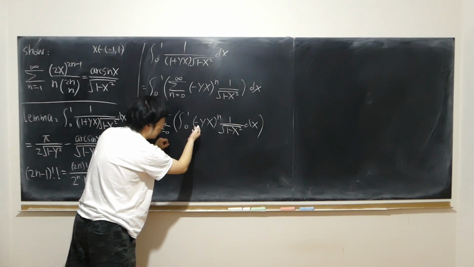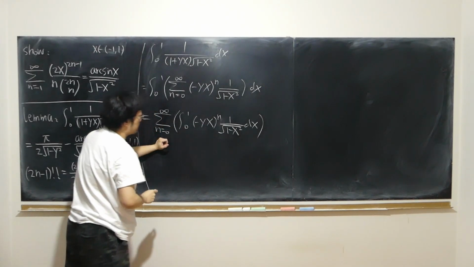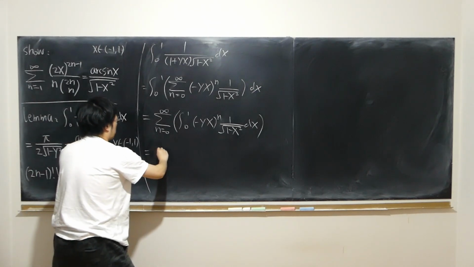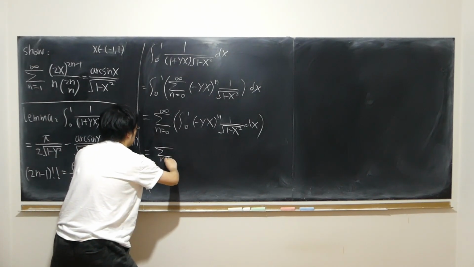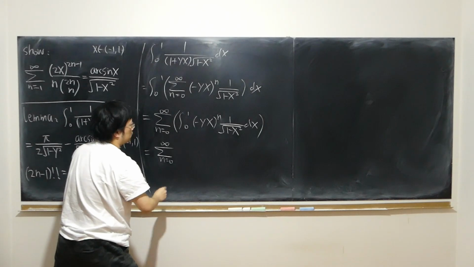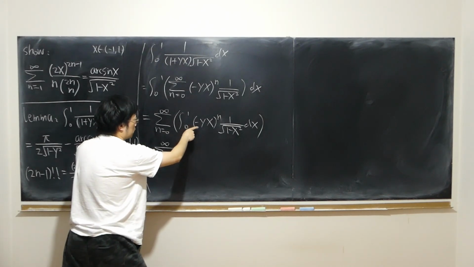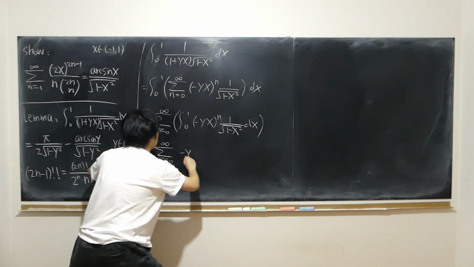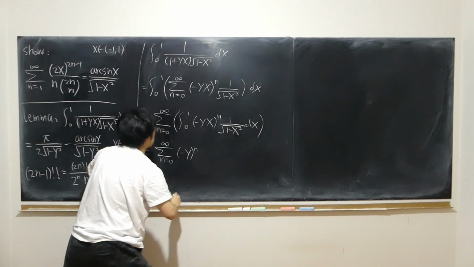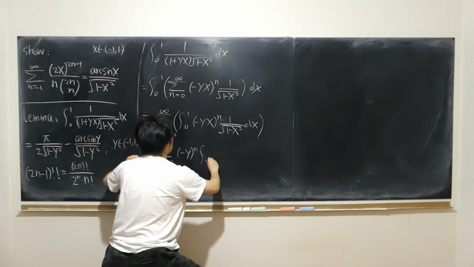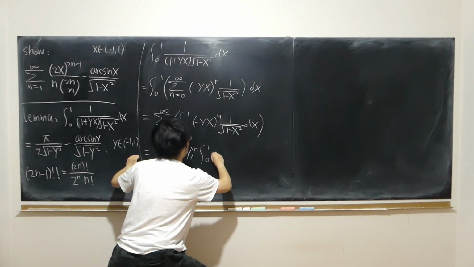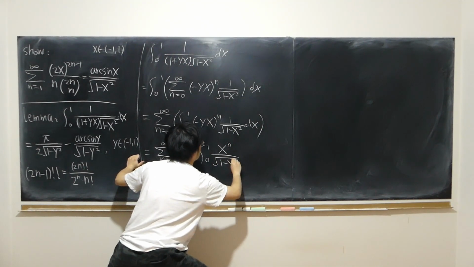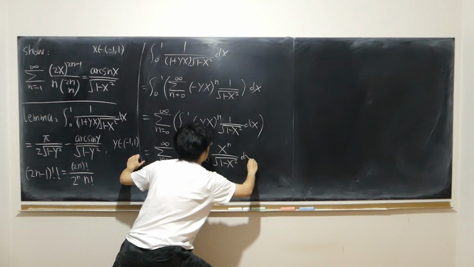Y can also be viewed as a constant. So perhaps we'll just pull out negative y to the power of n outside. So negative y to the power of n, integral from 0 to 1 of x to the power n over square root of 1 minus x squared dx.